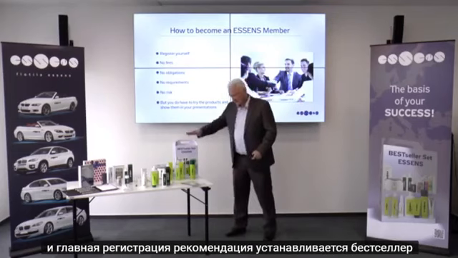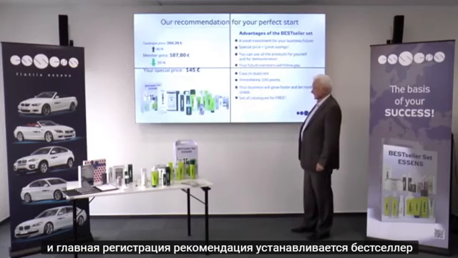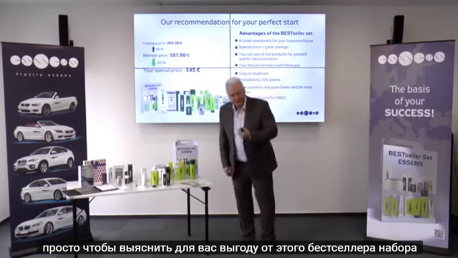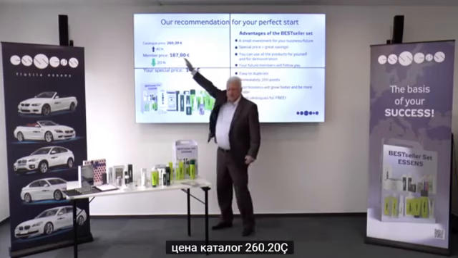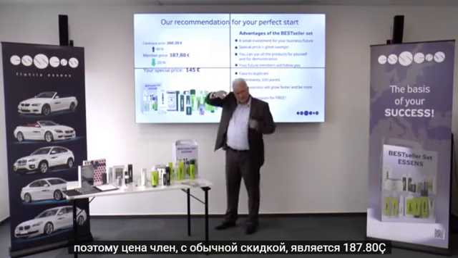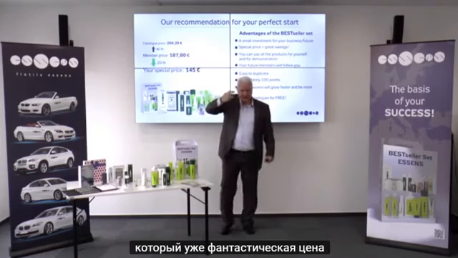And the main recommendation is the bestseller set. Just to figure out for you the benefits from this bestseller set. The catalog price is 260 euro and 20. So the member price with a regular discount is 187, which is already a fantastic price.